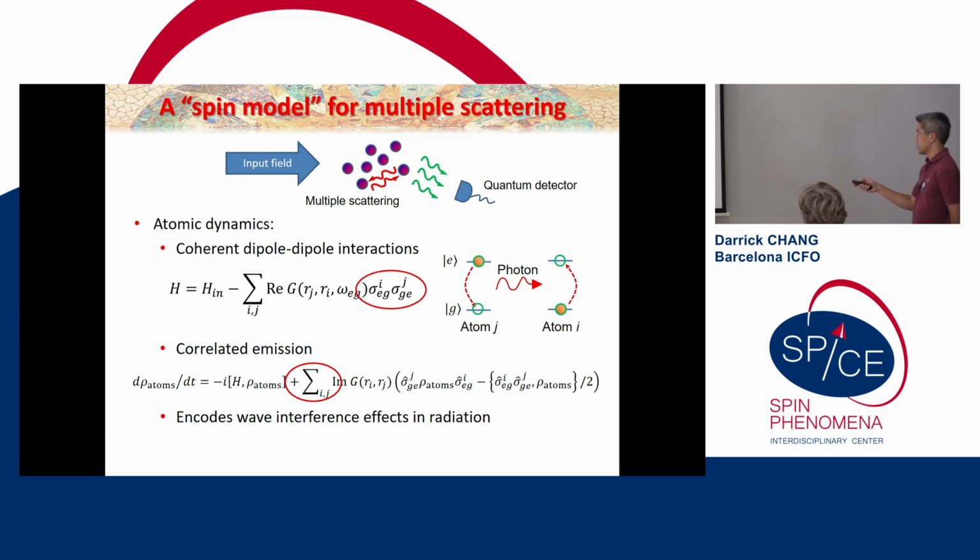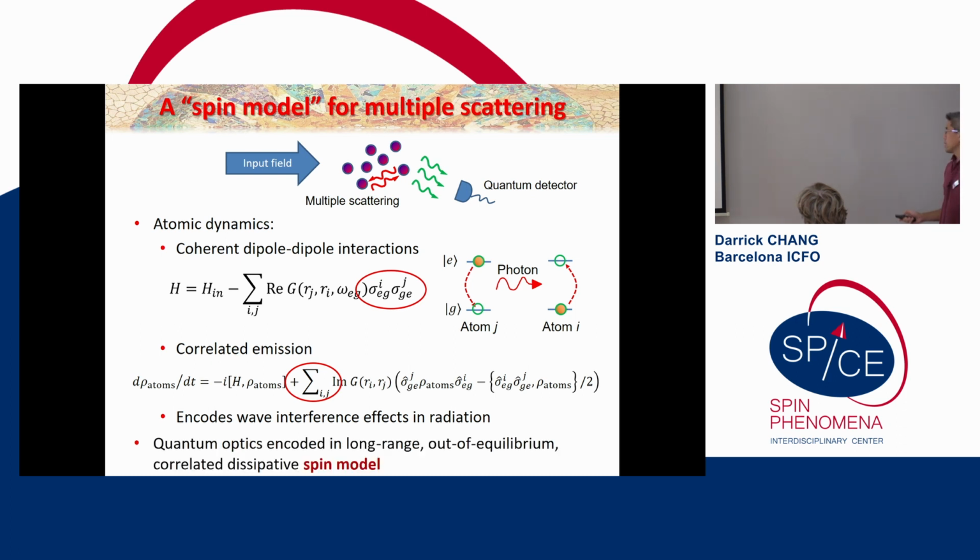So my claim is that this Hamiltonian and this master equation fully encode atom-light interactions into some kind of exotic spin model. And it's exotic in the sense that abstractly, spin models exist in condensed matter. They've been solved or investigated forever. But this particular spin model has some interesting characteristics.